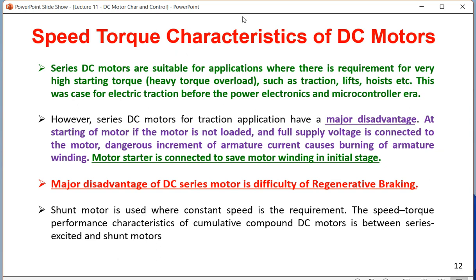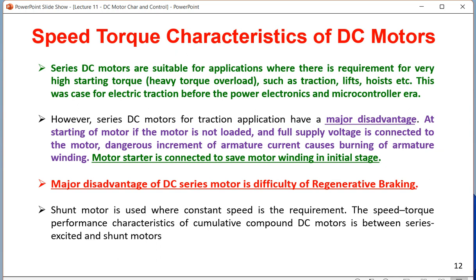At starting, if the motor is not loaded and the full supply voltage is connected to the motor, dangerously high speed actually burns the armature conductor. We have found in the characteristic that initially the motor is not loaded, so no mechanical load is put on the motor. What will happen is that a huge amount of current will flow through the armature conductor and the armature conductor will burn.